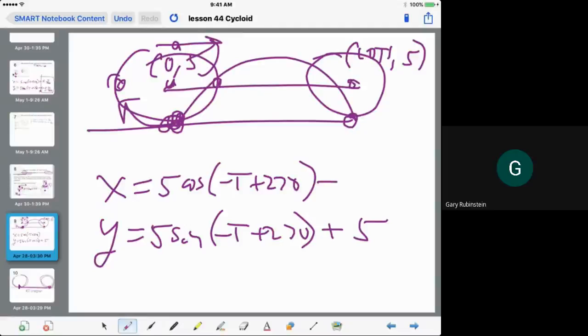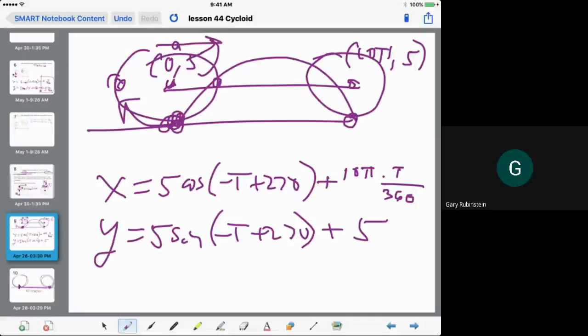But the x coordinate now is not 20 times t over 360, but 10 pi. And that is the cycloid.